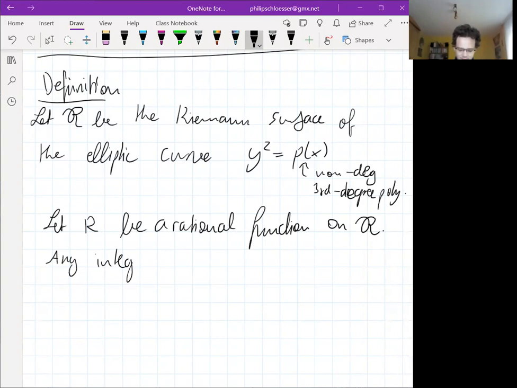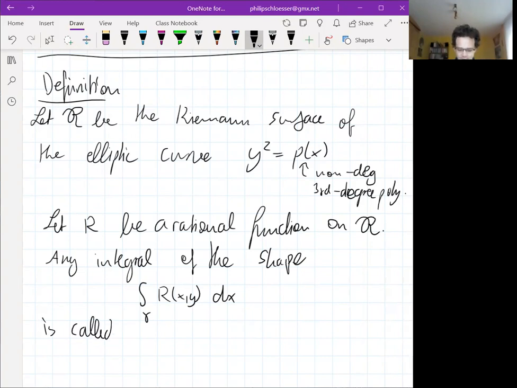Any integral of the shape integral over some curve gamma of R of x and y dx is called an elliptic integral.